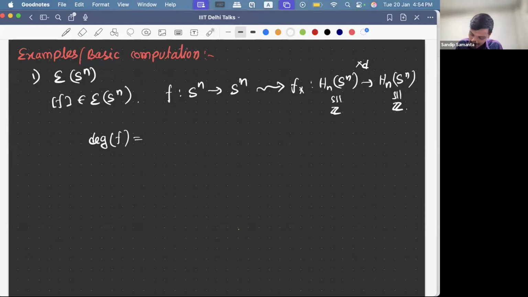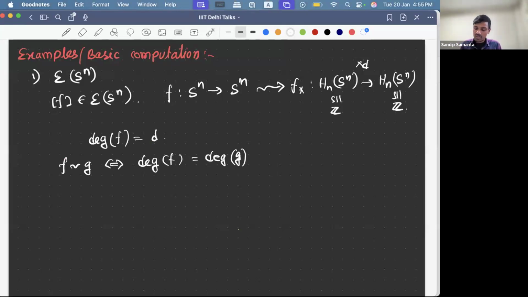The degree of f is this t, which determines the f star map, and this exactly determines all the morphisms from Sn to Sn up to homotopy class. F is homotopic to G if and only if the degree of f equals the degree of g.